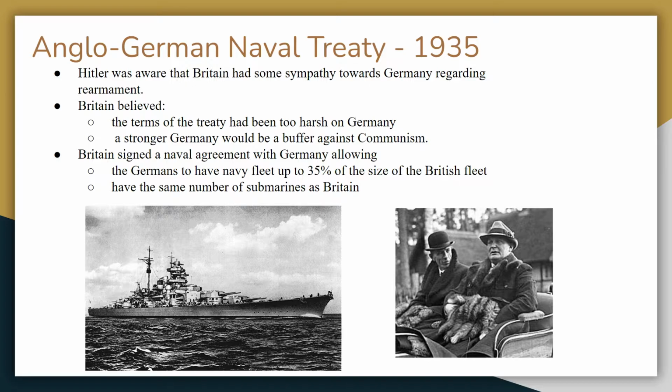And then later they start wondering, we think this is not right. Germany should be treated better. They were part of the League of Nations. We want to trade with them. And so they agreed on this treaty, and it allowed the Germans to have a navy up to 35% of the British fleet. And they could also have the same number of submarines as Britain.